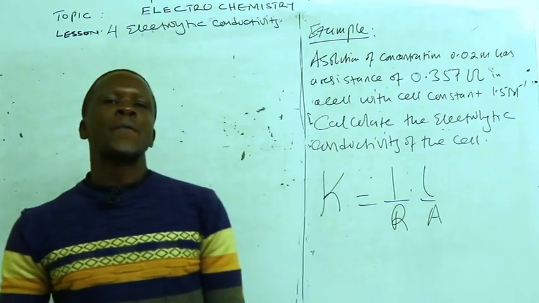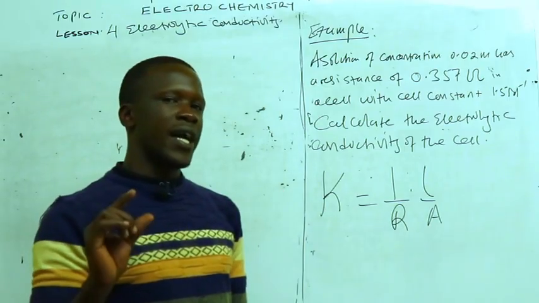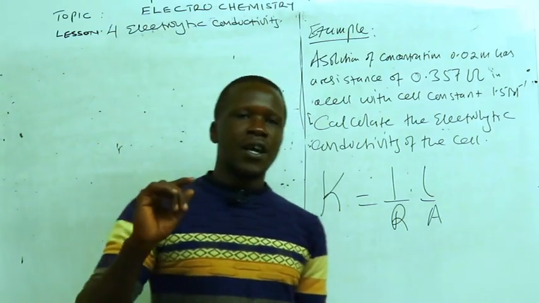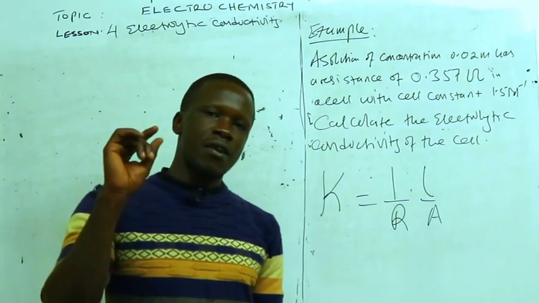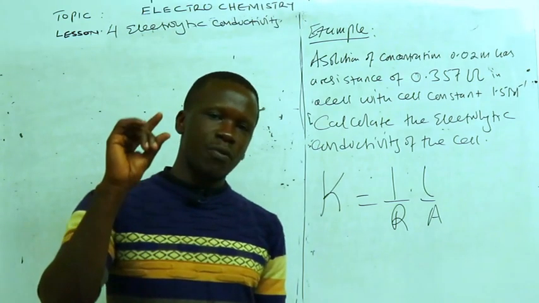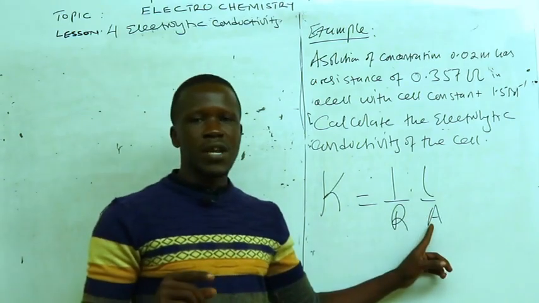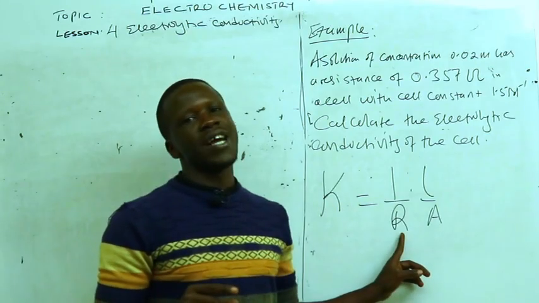And then we also saw that looking at it as specific conductance, we would look at the length and the area being unit. Once in this formula the length and the area are unit, then electrolytic conductivity is conductance.